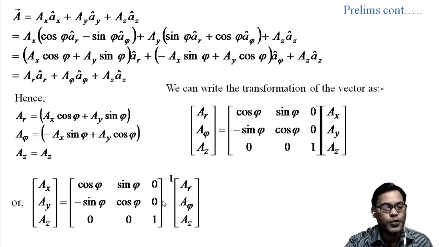So if Ar, Fi, Az is given in the problem, we can find the components in the Cartesian coordinate system Ax, Ay, Az using this matrix form. So this is the relationship between the components of the Cartesian and cylindrical coordinate systems we have seen, and also we have seen the relationship between the unit vectors of the two systems. Thank you very much.